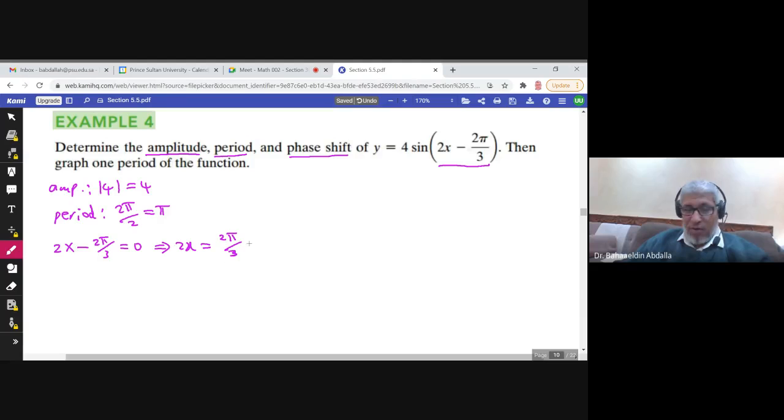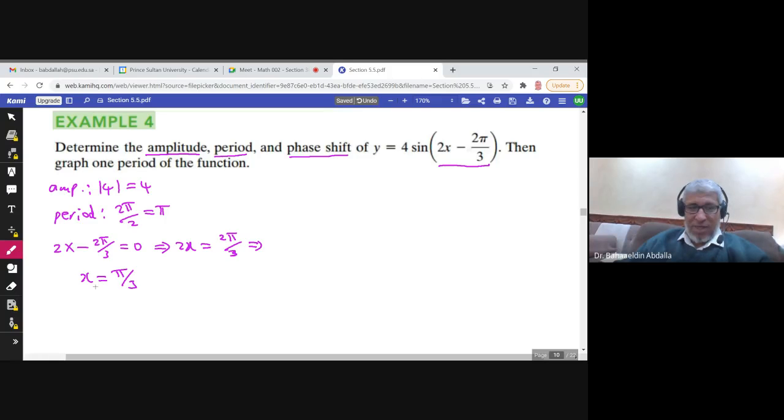Divide 2 pi over 3 by 2 in the calculator. Write it like this in the calculator, and you will find that x is pi over 3. So if you divide 2 pi over 3 over 2, you get pi over 3.